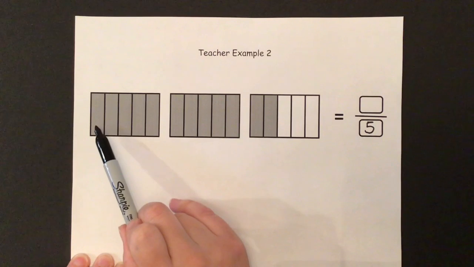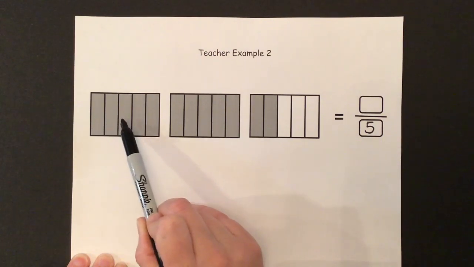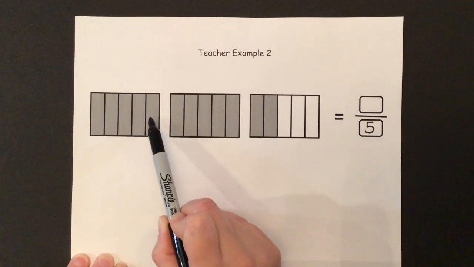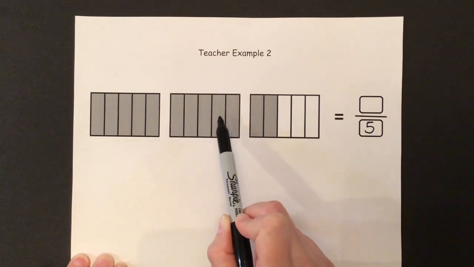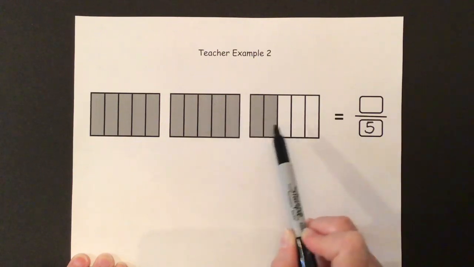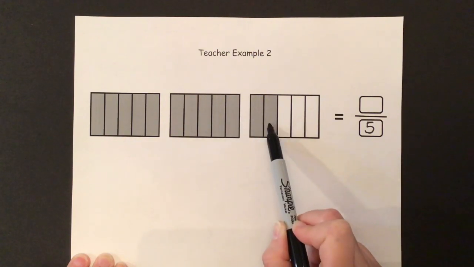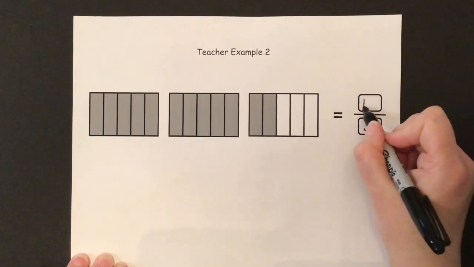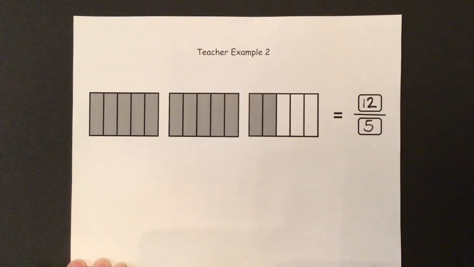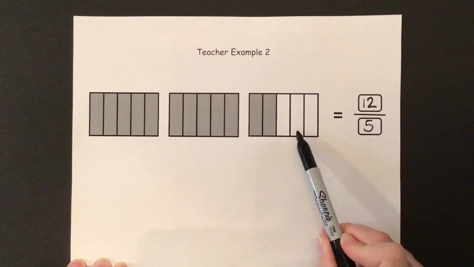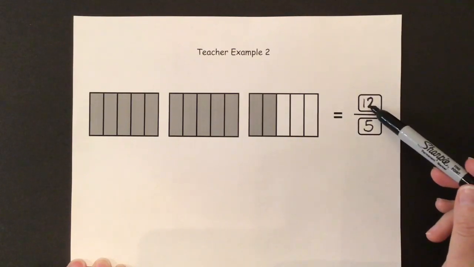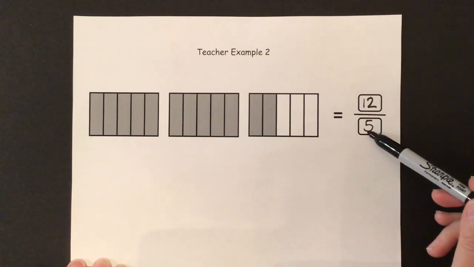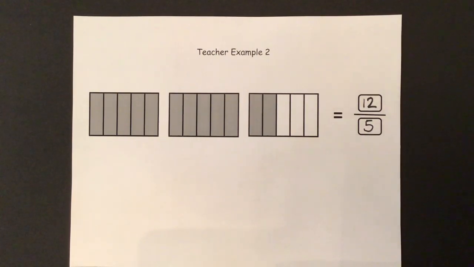Go ahead and count with me. 1/5, 2/5, 3/5, 4/5, 5/5, 6/5, 7/5, 8/5, 9/5, 10/5, 11/5, 12/5. So 12 becomes my numerator. The fraction that names this amount is 12/5. And remember that this is called an improper fraction because it is greater than a whole. My numerator is larger than my denominator. So we call that an improper fraction.